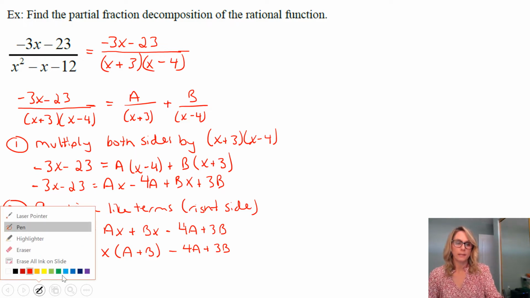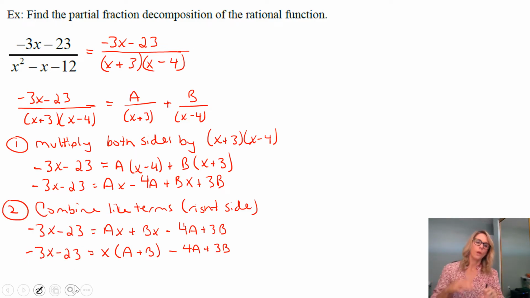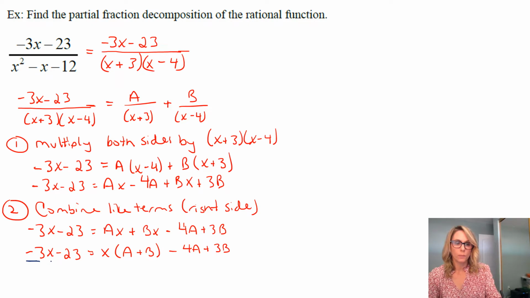But here it is. Once I write this, what I want to understand is the left side needs to equal the right side. We have an equal sign. That tells us that negative 3, which is multiplied by x, has to equal a plus b. Because the only way to get negative 3x on one side and a plus b times x on the other side is if a plus b equals negative 3.